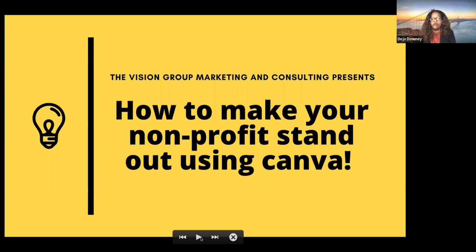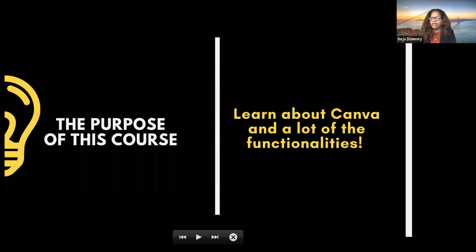I want to make sure that your nonprofit stands out amongst the many. The real purpose of this course is that you learn about Canva and all its functionality so you can be successful.